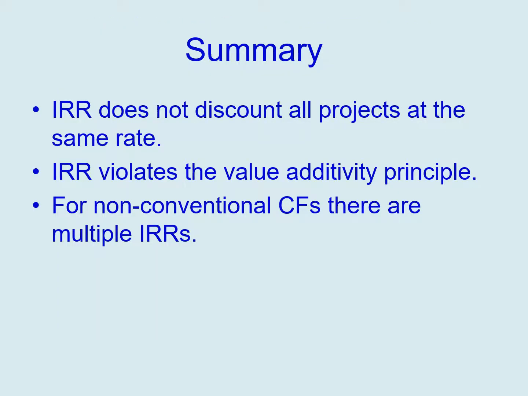So in summary, the internal rate of return does not discount all projects at the same rate. That's the biggest problem. Secondly, it violates what we call the value additivity principle. And then third, for non-conventional cash flows, there are multiple internal rates of returns, which is a problem.